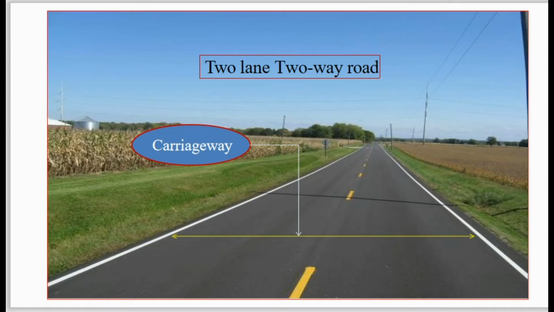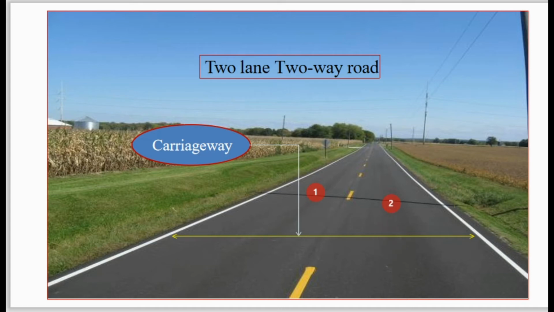Here we can see an image of the carriageway for a two-lane, two-way road. From the figure, it can be seen that we have two lanes. This is lane 1 and lane 2.